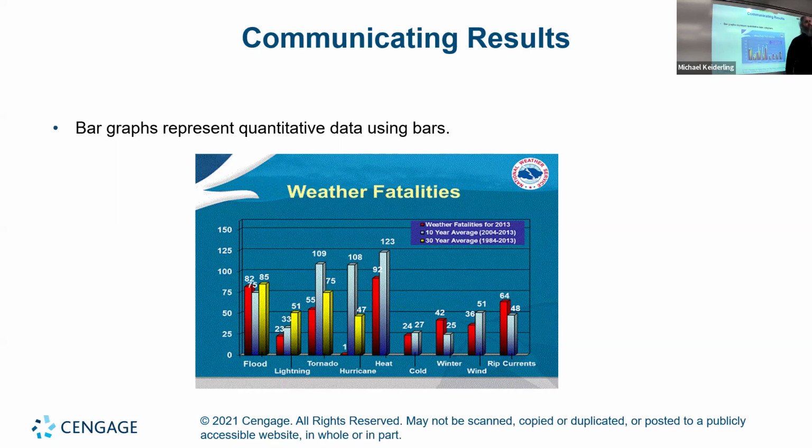So by looking at the longer term averages, you get an idea of whether this year is an outlier, the red, and whether there's been a trend in the averages, you can also see.